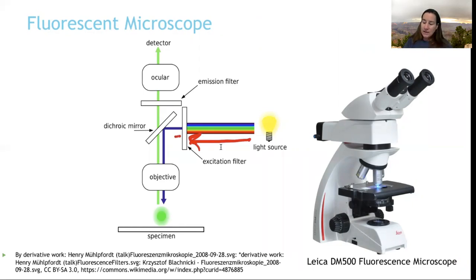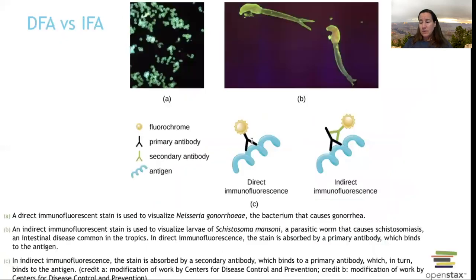It's going to hit the specimen, and then that is going to activate those fluorescent dyes that we put on the specimen, right? And then those fluorescent dyes are going to transmit that high energy into a lower level that we can see with our naked eye. And that's what we're going to see on the detector. So those are fluorescent microscopes.